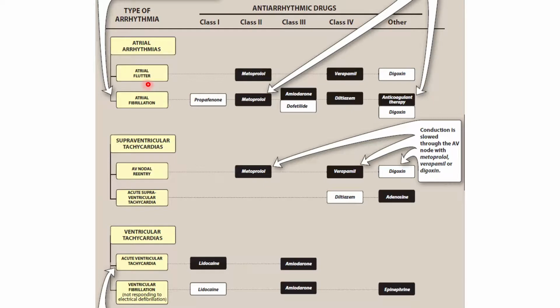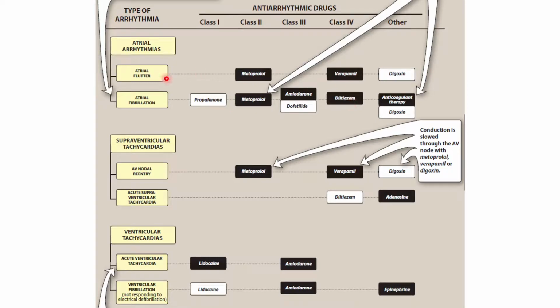Atrial flutter means that there may be excessive fast contractions of the atrium, and the drugs of choice for the atrial arrhythmias are class 2 and class 4. So usually metoprolol is used for the beta blockers class 2, and the verapamil or diltiazem is used for the class 4.